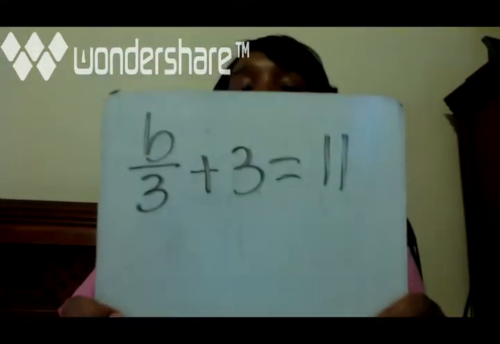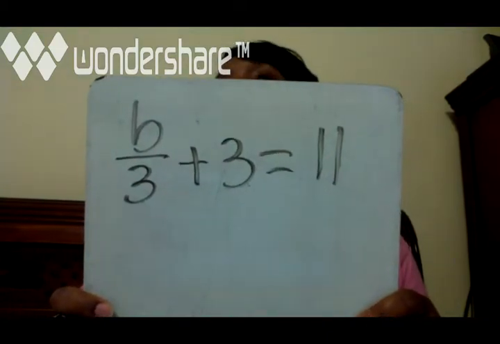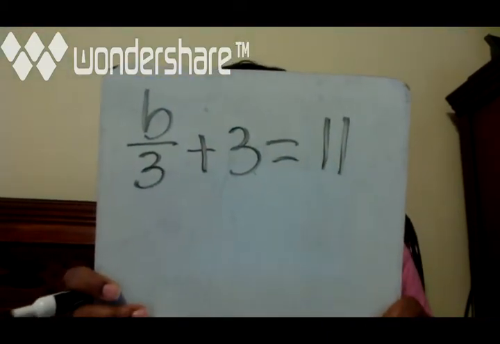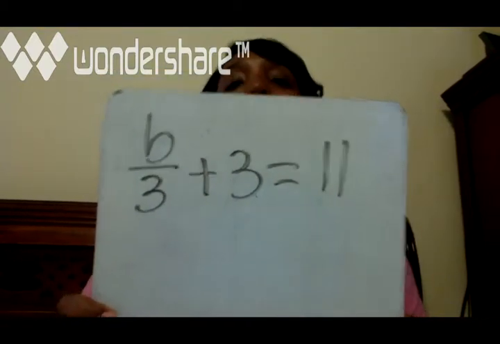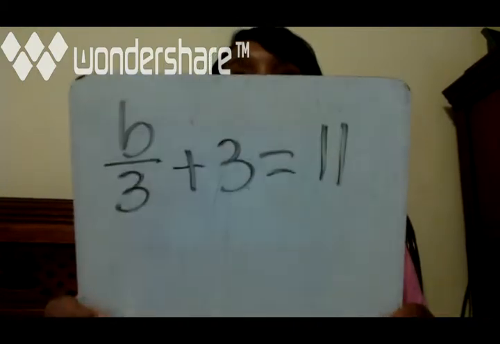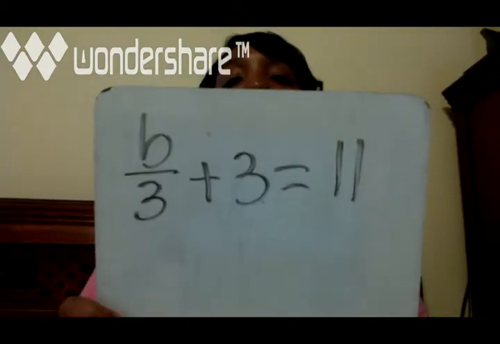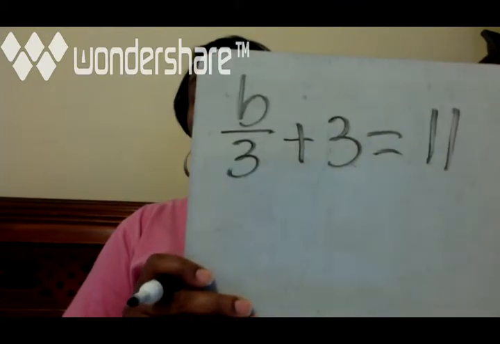Okay, let's do another example. This example is b divided by 3 plus 3 equals 11. The variable in this one is b. We need to get rid of the 3. It's positive, so I need to do the opposite, subtract 3 from both sides.